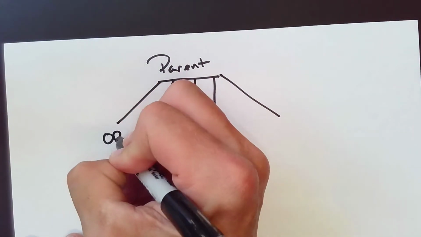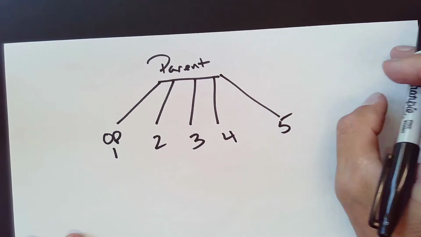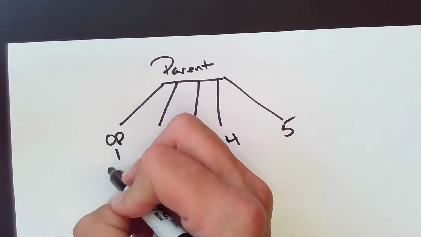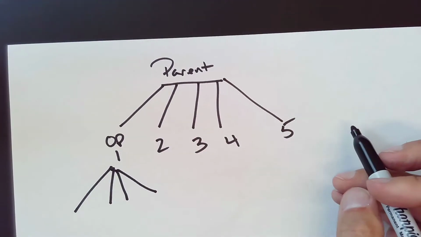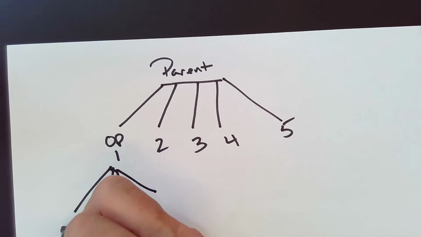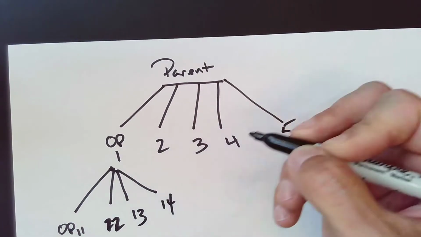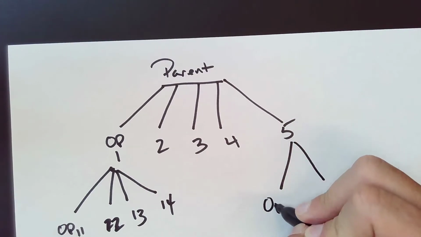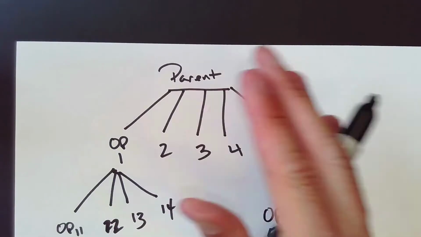We'll call these Op 1, 2, 3, 4, 5. And that may not be where we stop, because in Op 1, they may have several operations, right? So this is Op 1-1, 1-2, 1-3, and 1-4. And over here, this one may have 2. So this is Op 5-1 and 5-2. On and on and on.